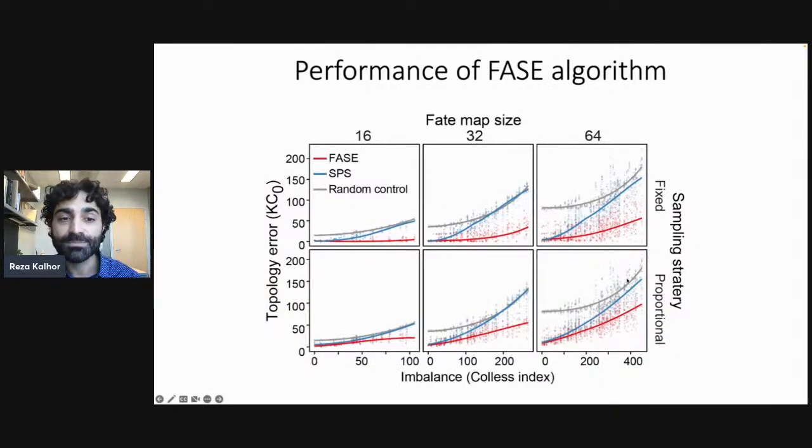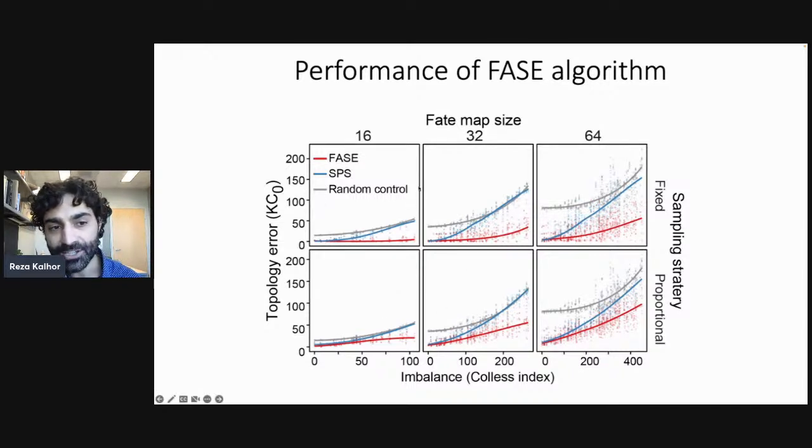We tested its performance across the panel of 3,000 simulated experiments that I showed you, and you see the results are separated by fate map size as well as by sampling strategy, whether it was fixed or proportional. On the x-axis, you see the imbalance of the tree, and the red line corresponds to the phase algorithm. The blue line corresponds to shared progenitor score, or SPS, basically one of the very few other algorithms that existed that doesn't use time, rather uses the observed potency in the internal nodes of the phylogenetic tree.